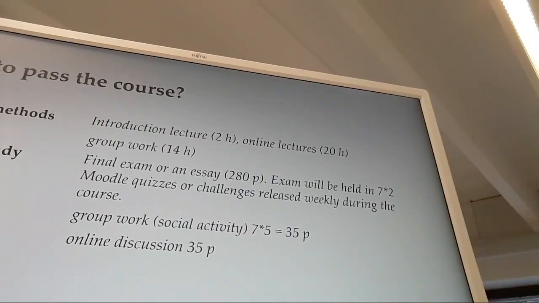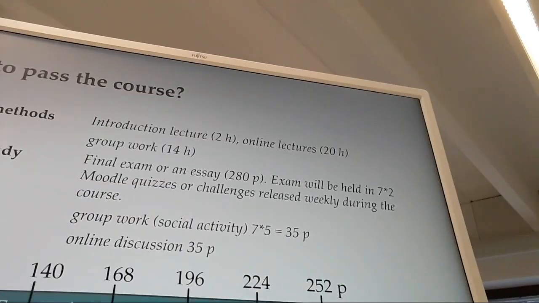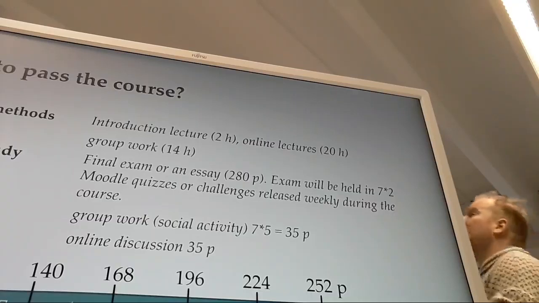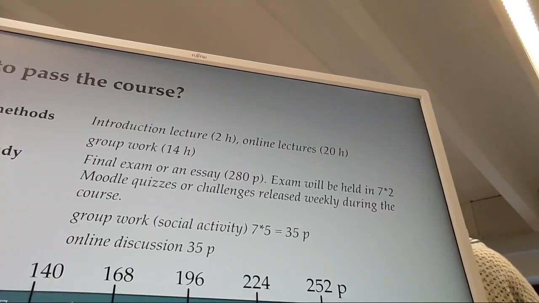And the total maximum in the points, which means that then 140 points are needed to pass this course. And well, that means that 50% of the exercises in Moodle should be done perfectly.